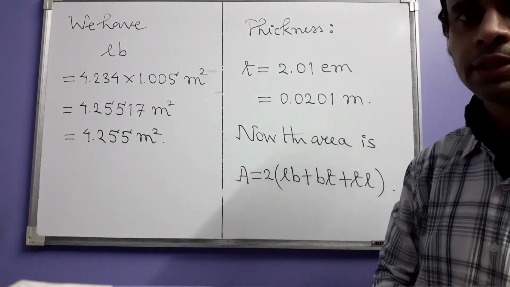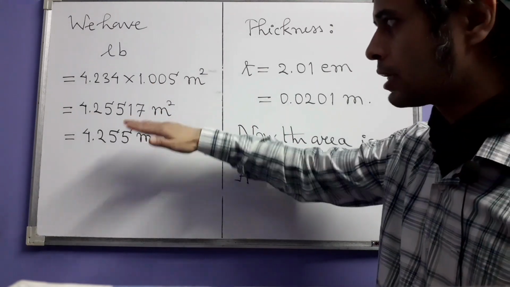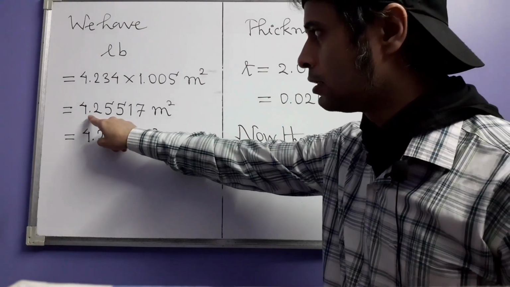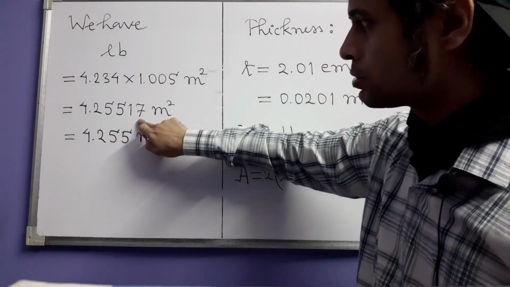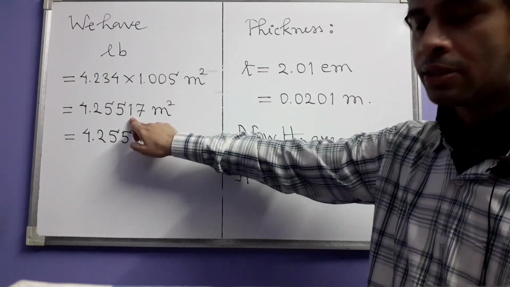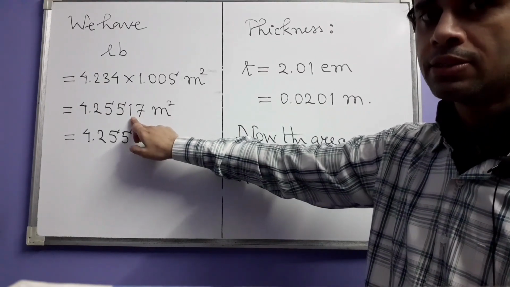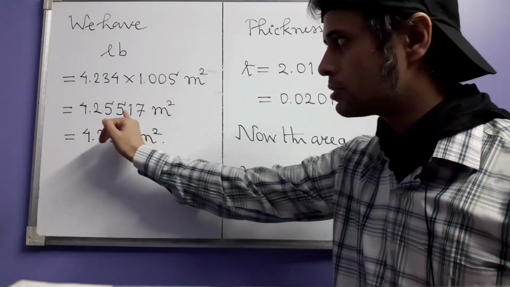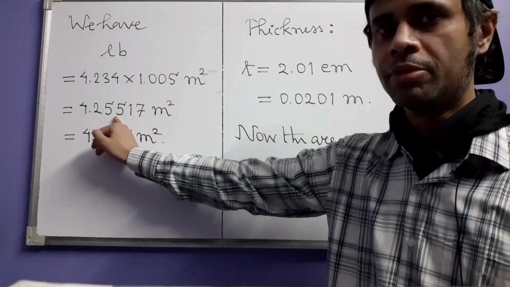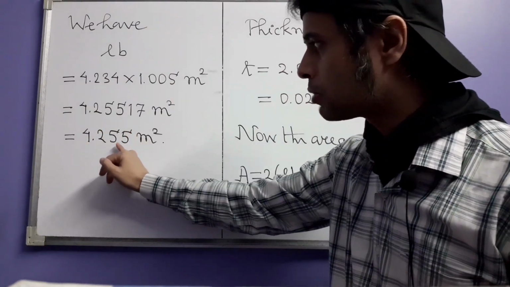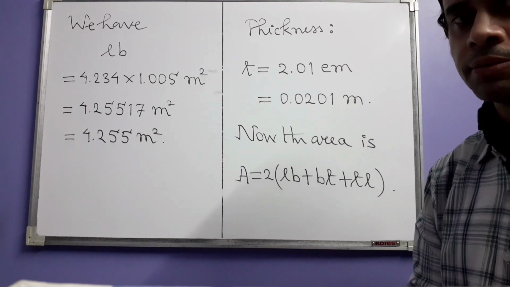So they are also significant, and that is why your final answer should also have 4 significant figures. That's why you have to remove this 1 and 7. Because the first insignificant digit, 1, is less than 5, removal does not affect this preceding digit. It remains 5. You do not have to add 1. So that way you get 4.255 meters square.